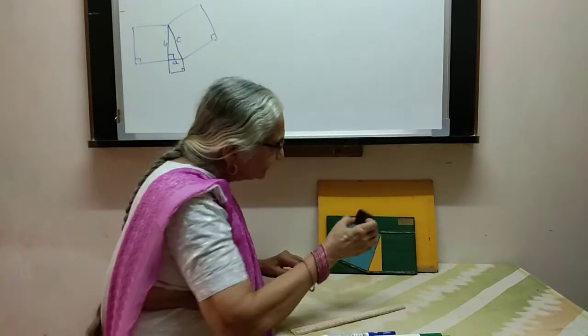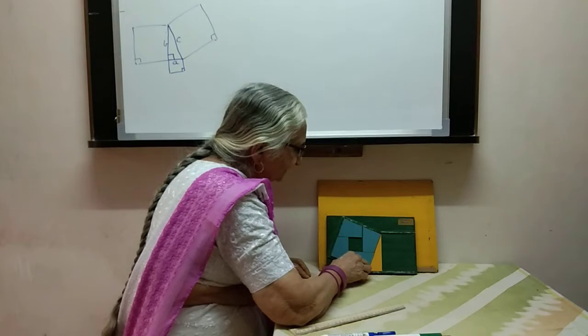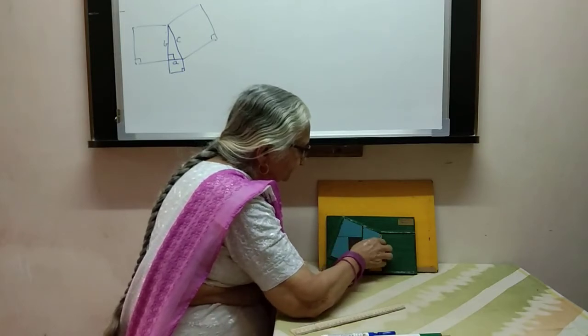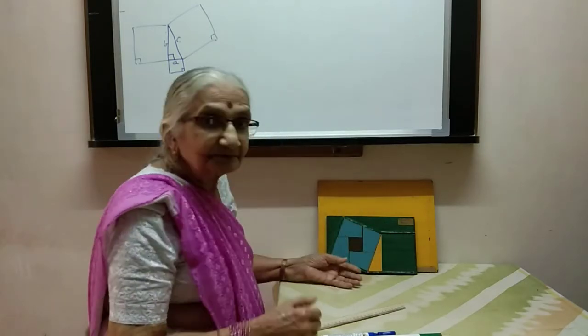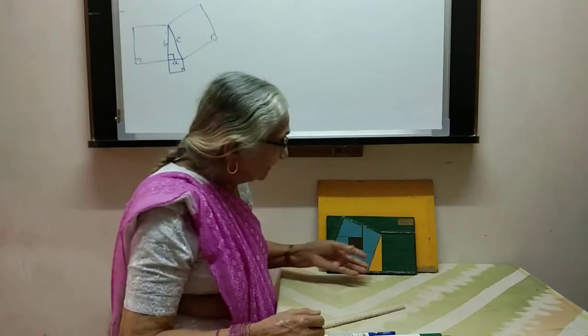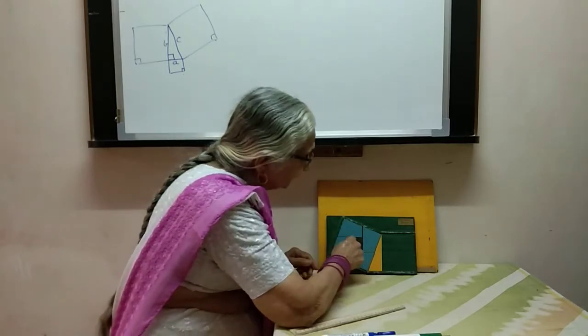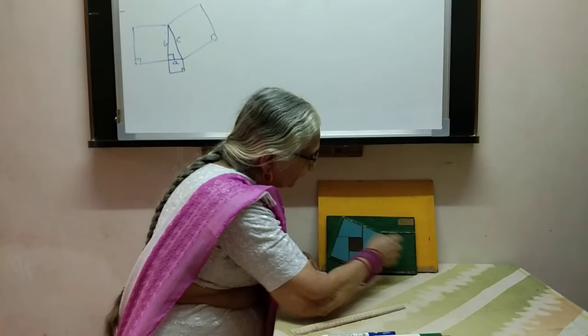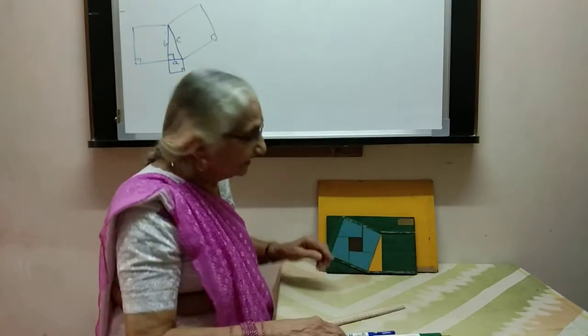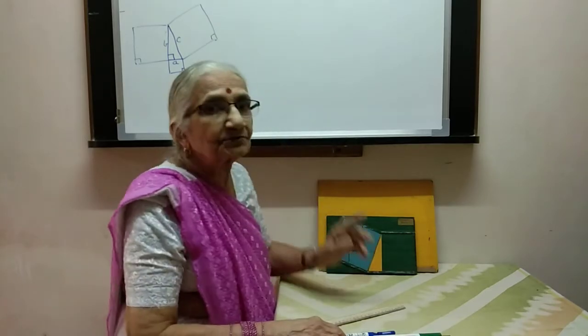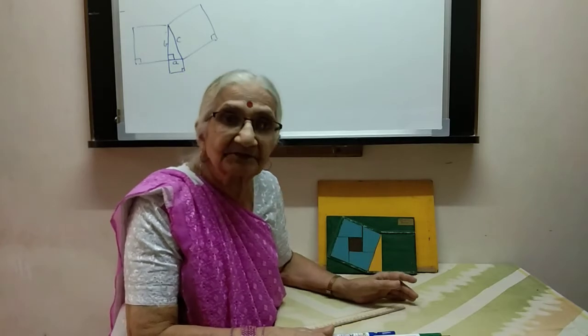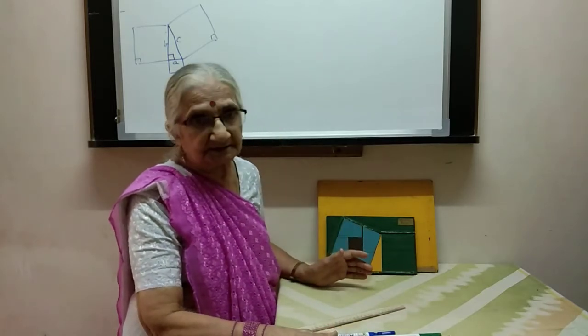Can you guess now where this goes? Right there. So now, nobody can challenge. We had A square here and B square here, 4 pieces. All of them have fitted in here to make up the whole C square. So that gives us the verification with the help of the model.